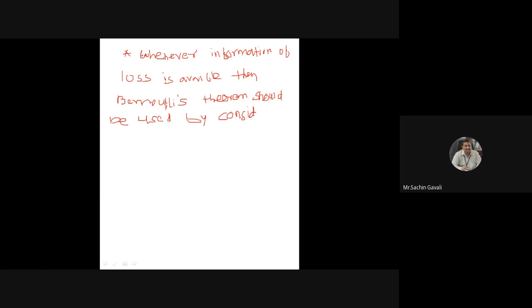Write it down because it is very important. Henceforth, when losses information is available, or we can do the losses calculation, we have to use Bernoulli's theorem with losses.